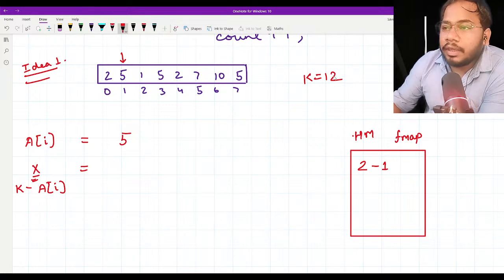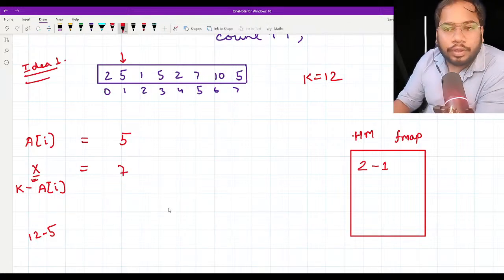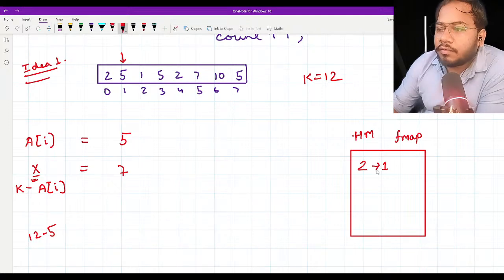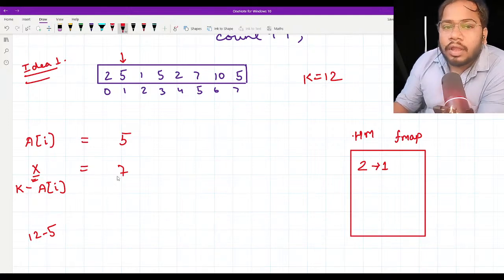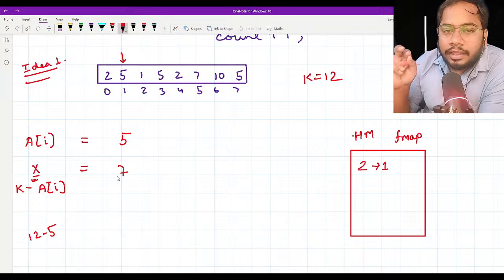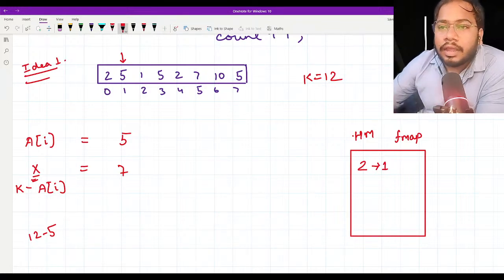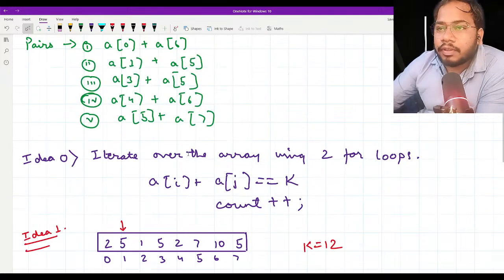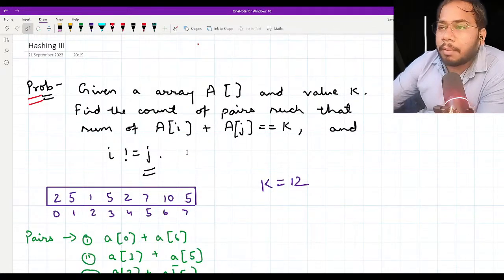This is 12, so x will be 12 minus 5, that is 7. This is the frequency. So is there any 7 in the frequency map?